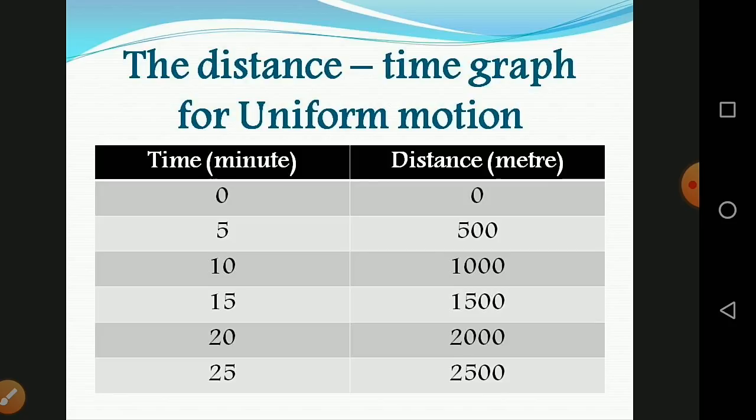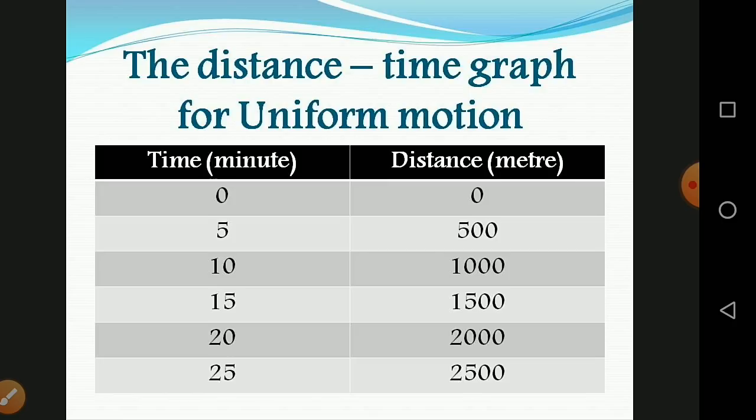For example, plotting distance and displacement or speed and velocity on a graph helps us to understand certain things about time and position. If you see the table, we show the distance walked by a person at different times.